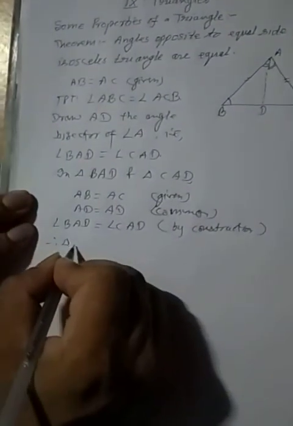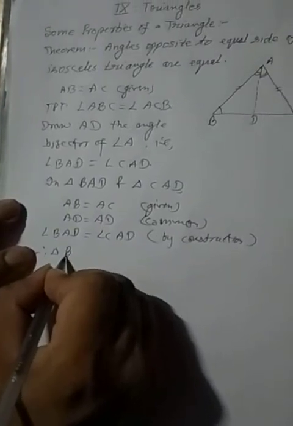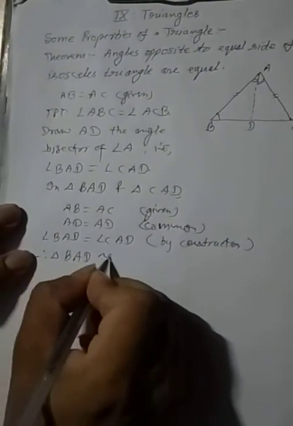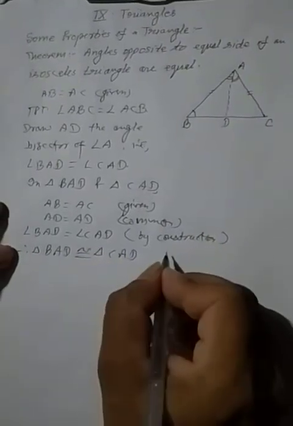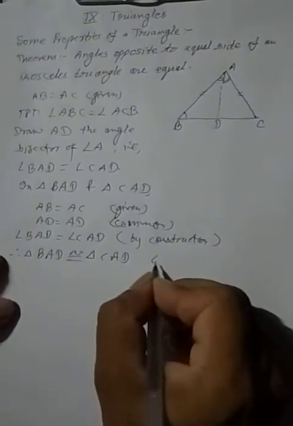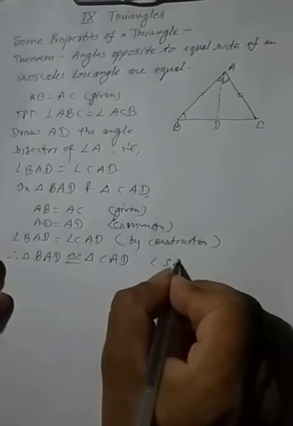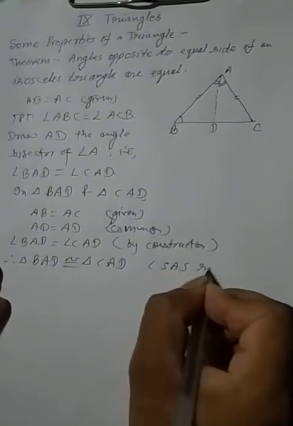Therefore, triangle BAD is congruent to triangle CAD. And what is the rule involved here? It is the side angle side rule.